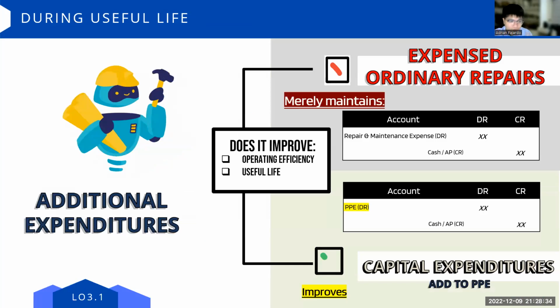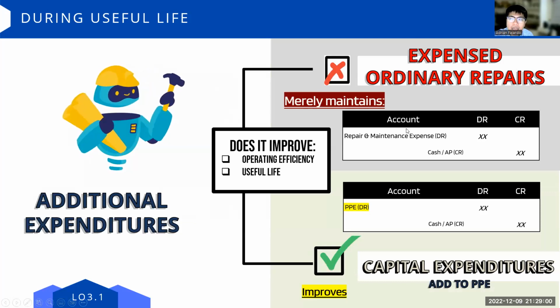Aside from this, for equipment in general, you also have additional expenditure. So let's be careful. Every time there is an additional expenditure related to an equipment, like for example, oils and lubricants, right? You ask yourself, does it maintain or does it improve? If it only maintains the operating efficiency and useful life, these are all expensed, okay?